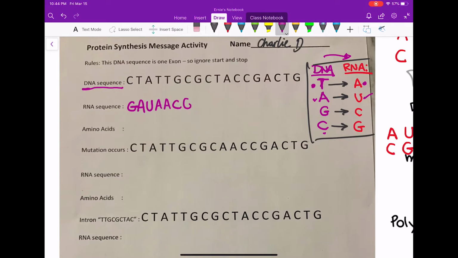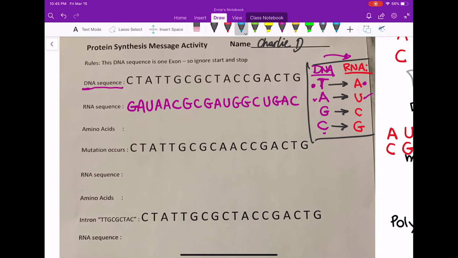G's are C's, C's are G's. And if I forget at any point, I just refer to my chart.